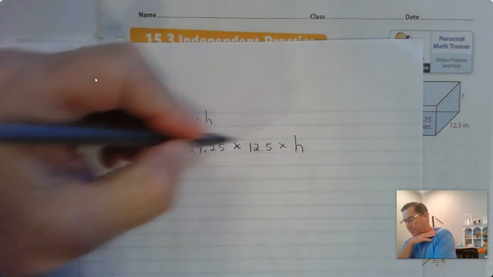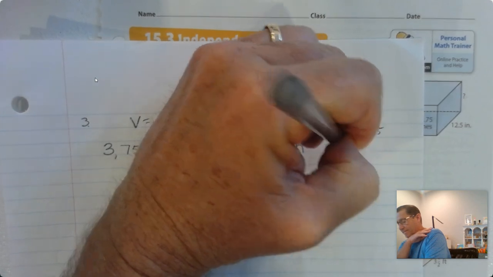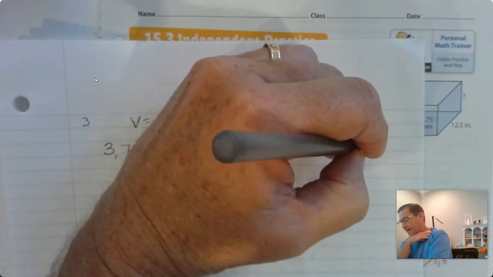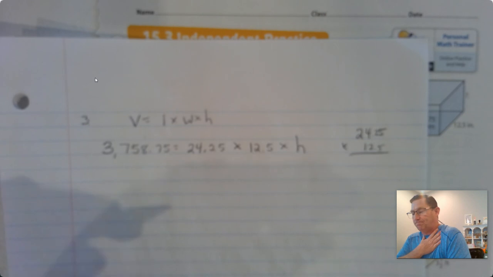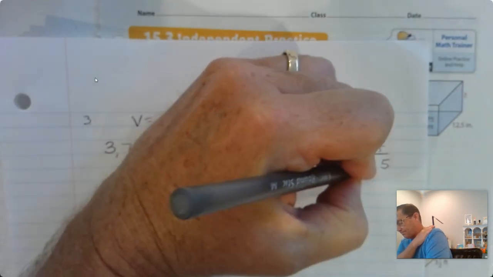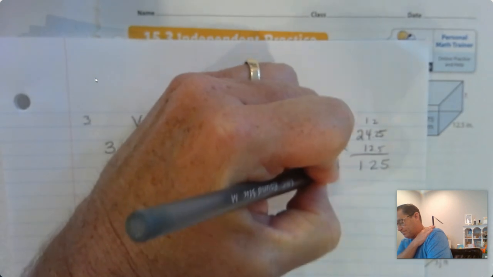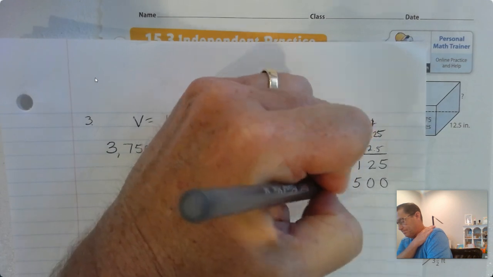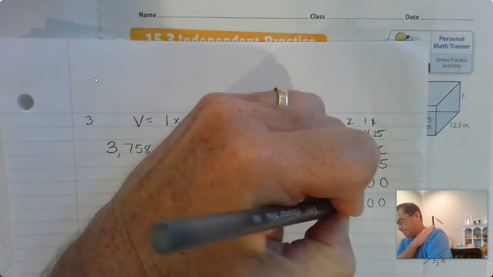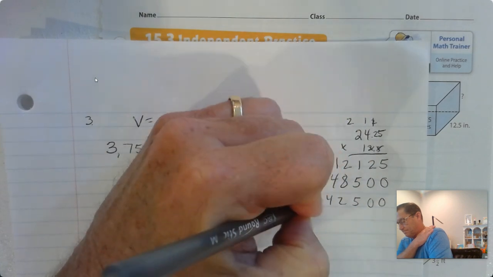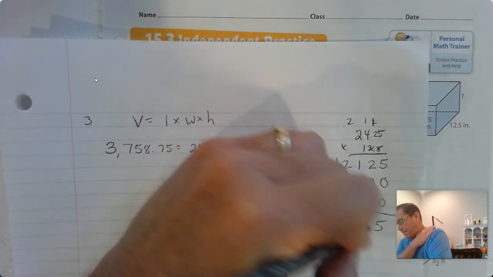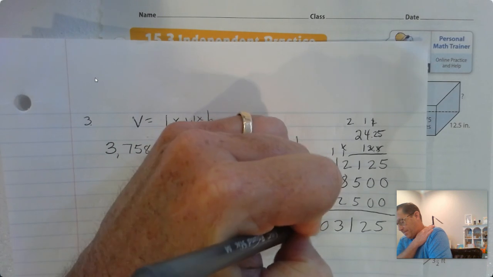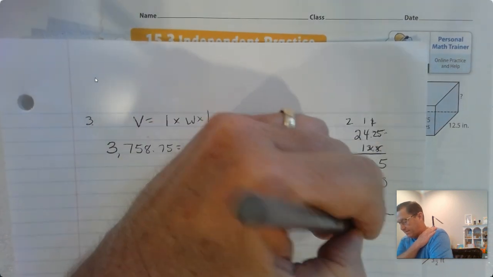Okay, so start by finding out what the product of 24 and 25 hundredths and 12 and a half is. 1, 2, 3 decimal places.